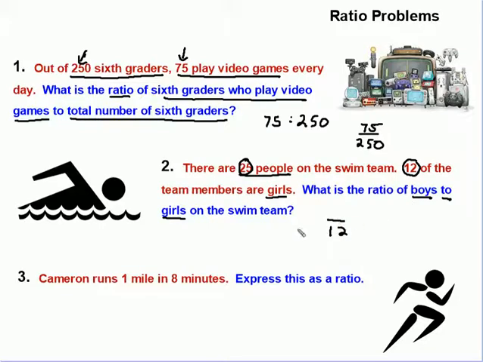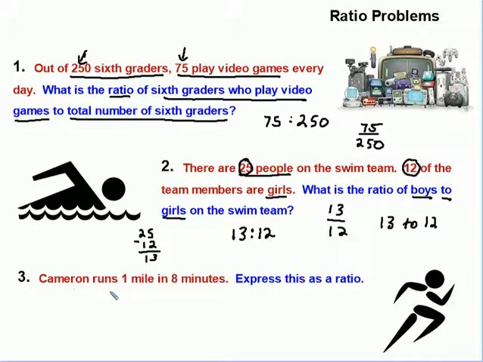If we want to write it like this, the second part would be 12. We want to know for the first part, what is the number of boys? So we'll have to subtract here, 25 minus 12. What's 25 minus 12? You can probably beat me to it. 13. 13 to 12. Any of those is an acceptable ratio.